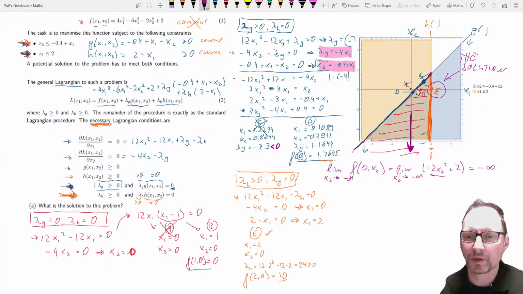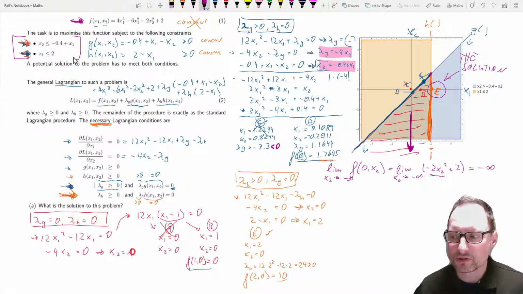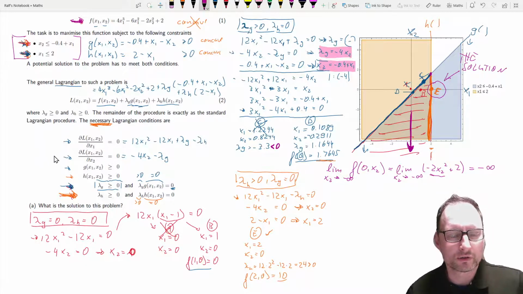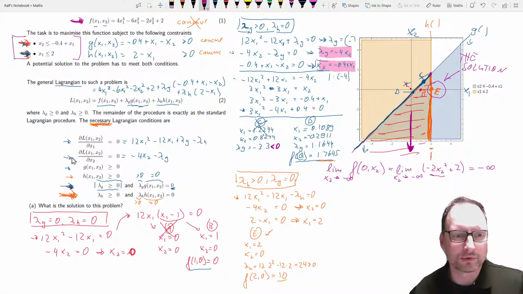At point E we are maximizing that function conditional on these two constraints. So hopefully you can see, let's slightly recap what we've done here. The trick here was really in understanding how to adjust the Lagrangian method for a second constraint, and hopefully you can see how you would do it for even more than two constraints.